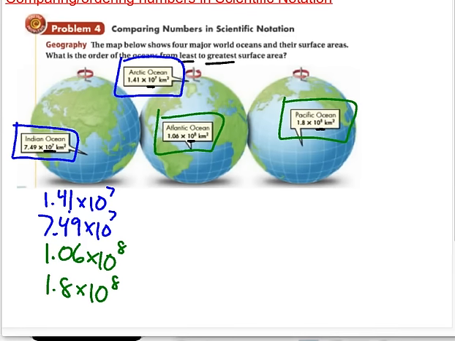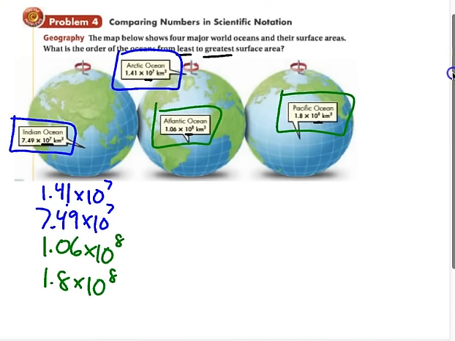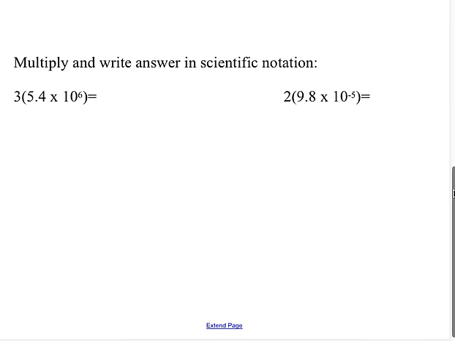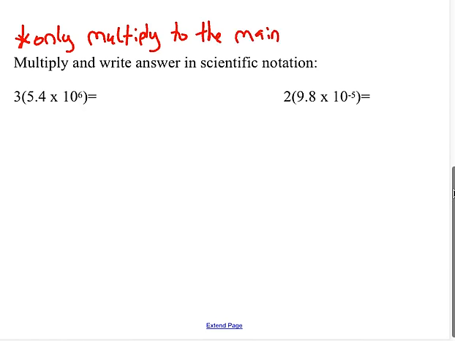All right, I apologize. Last concept for today is talking about multiplying in scientific notation. Okay? So when you multiply in scientific notation, the note that you need to put here is you only want to multiply to the main number, okay?